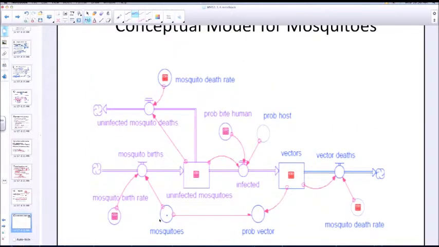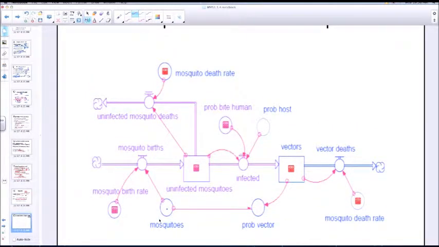Now here's the conceptual model, the map of the mosquitoes. When we deal with the mosquito, we have 2 unknown variables, stocks. For the uninfected mosquito, there's a birth, which equals the birth rate times total mosquitoes, and the death, which is just the death rate times the population.